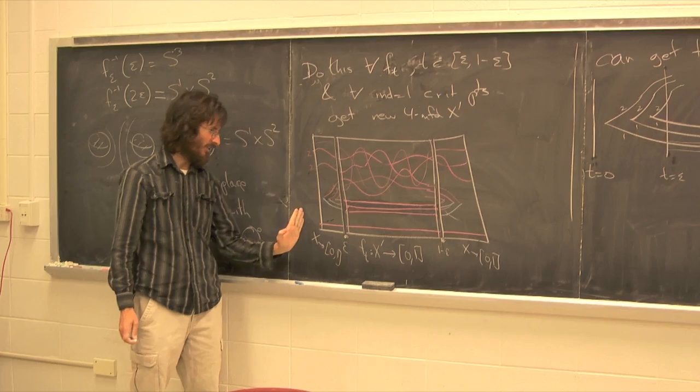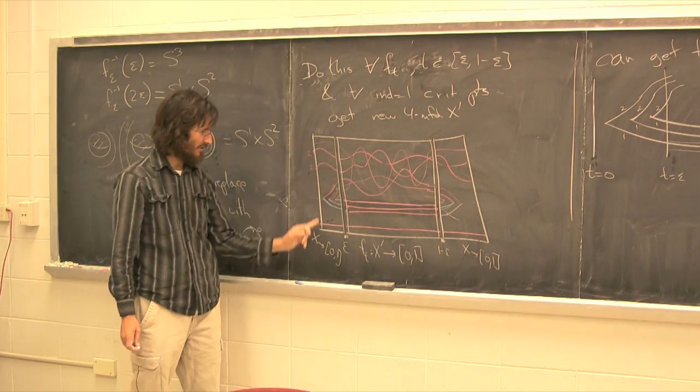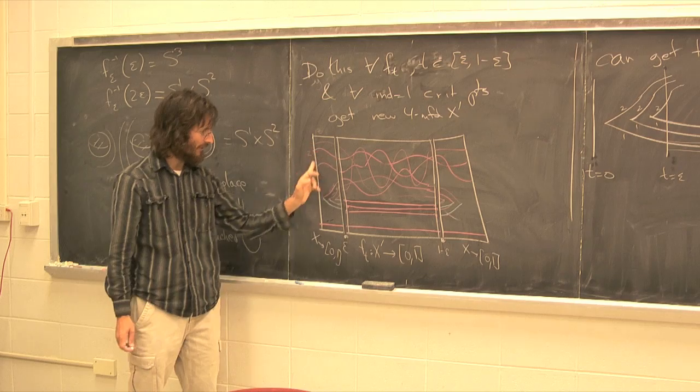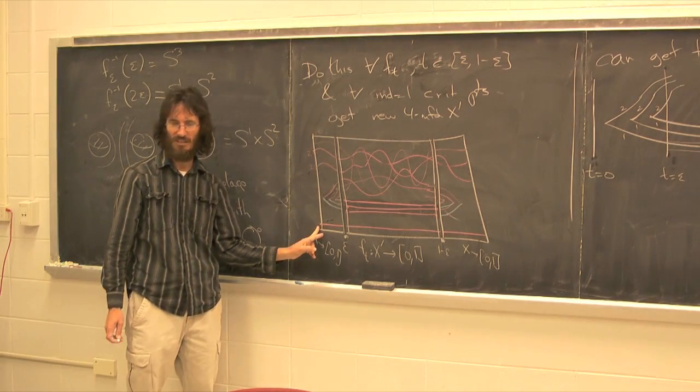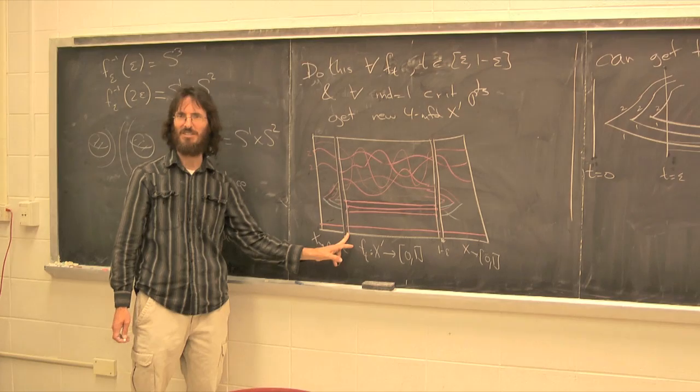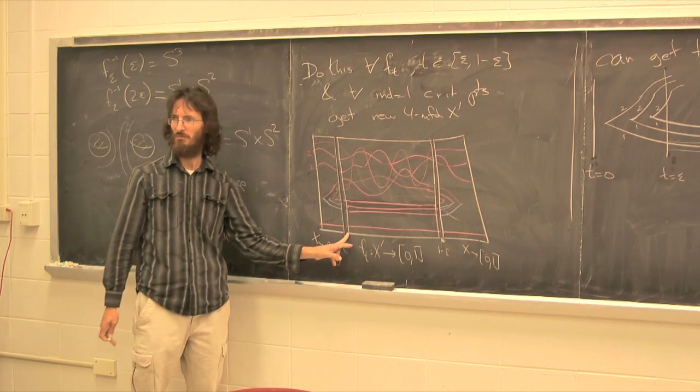I'm just going to say that going from this 4-manifold x with its handle decomposition to this 4-manifold x prime with its handle decomposition uses those moves.